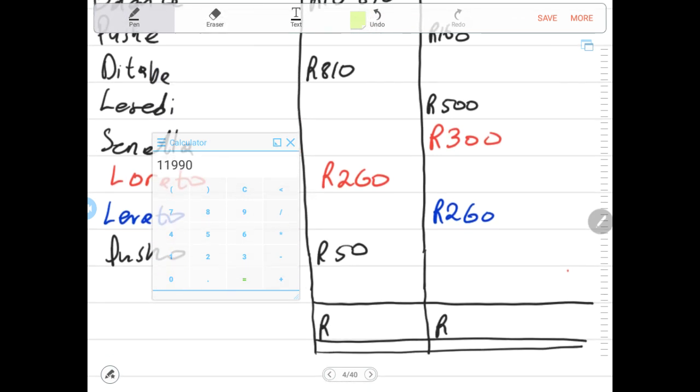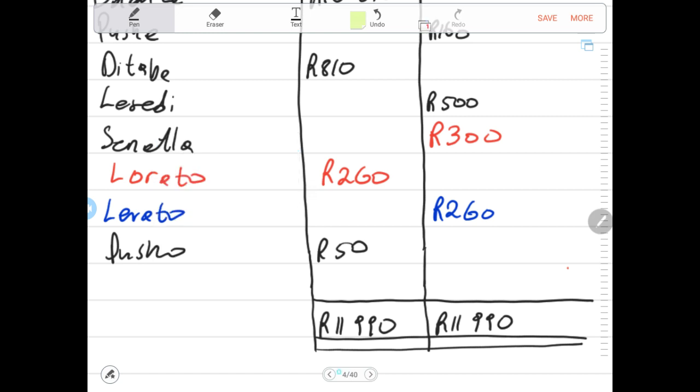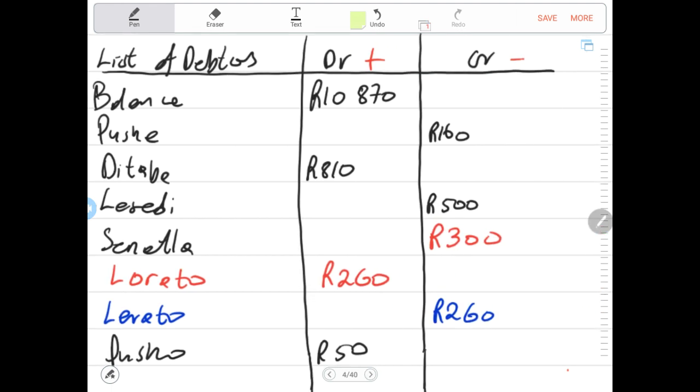This gives us 11,990 Rand. We write the total of the bigger side on both sides, similarly as we did with the total of the debit side, we transferred it to the other side. So that is the basics of balancing a ledger account.